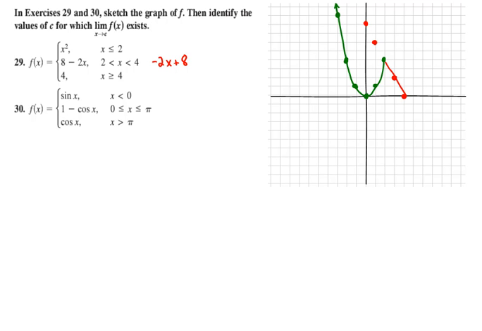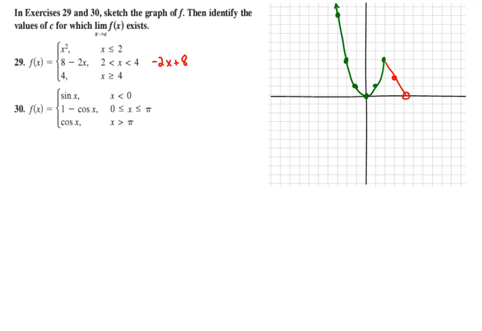If we plugged in x equals 2 into that 8 minus 2x, we'd get 4, which is already a point on our graph. So I can erase, and so the second branch of this piecewise function will look like that. It goes from x equals 2 to x equals 4, but actually it doesn't include the value at x equals 4, so that should be an open circle there. So I make that change and leave that as an open circle.